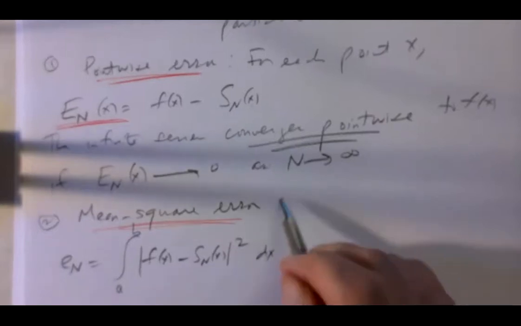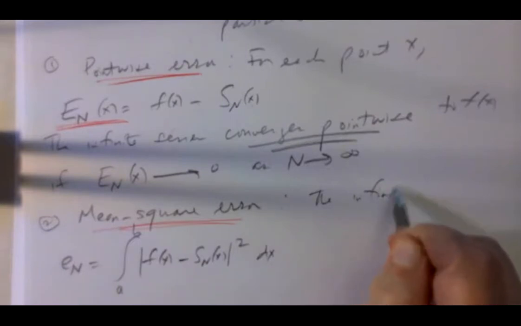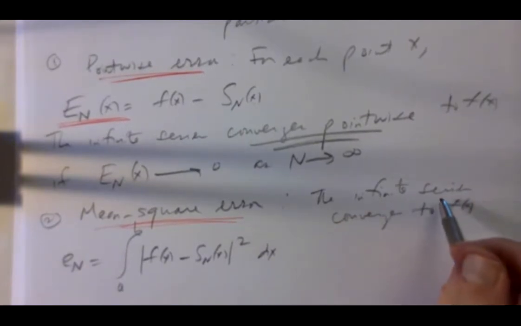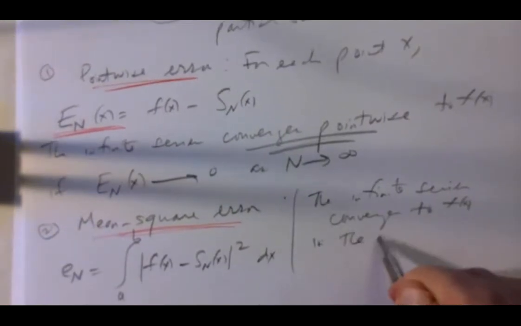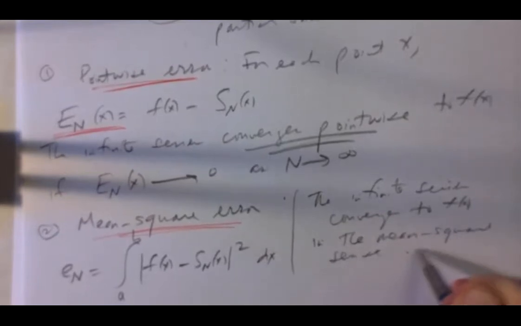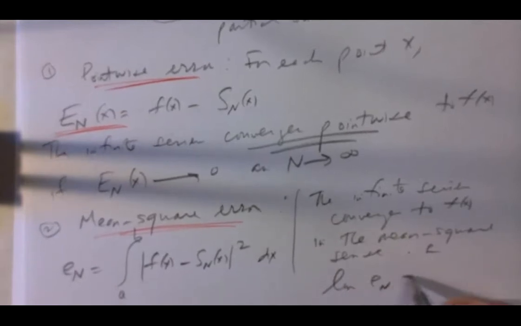And we say that the infinite series converges to f of x in the mean square sense if e n goes to 0 as n goes to infinity.